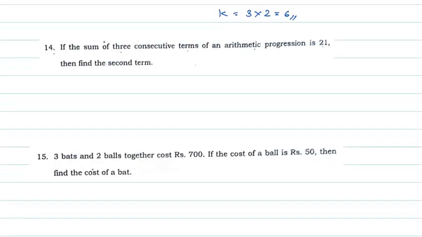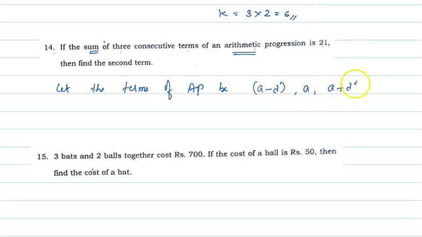If the sum of 3 consecutive terms of an arithmetic progression, see, 3 terms of an arithmetic progression sum is given. Whenever the sum is given, we have already been told how to take the terms. Let the terms of the AP be A minus D, A, A plus D. So these are the 3 consecutive terms which are in AP.